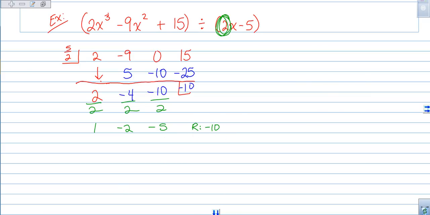So that's x squared minus 2x minus 5 with a remainder of negative 10, or you could write it as negative 10 over 2x minus 5. Either way is correct, okay?